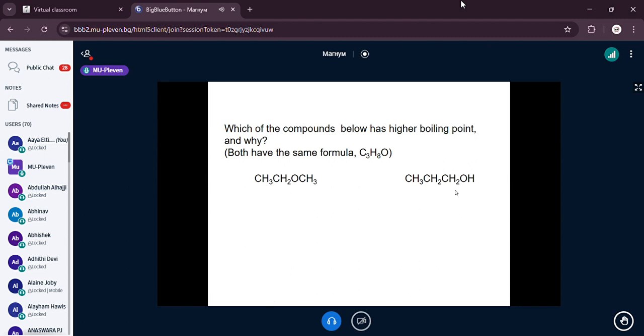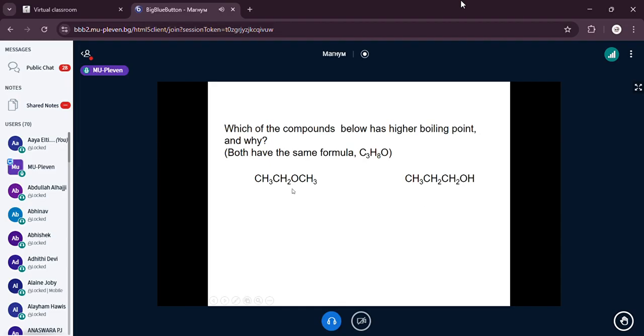Thank you. Correct. Especially propan-1-ol because the hydroxyl group is directly bonded to the first carbon atom. Here, alcohol makes hydrogen bonds between molecules.